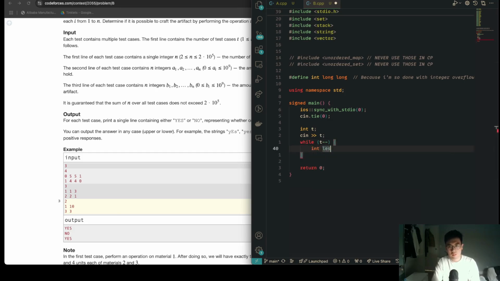int total less; int n, a and b, for int i.